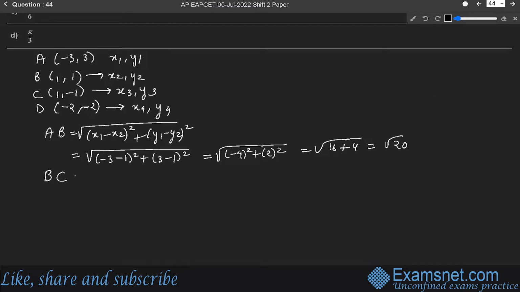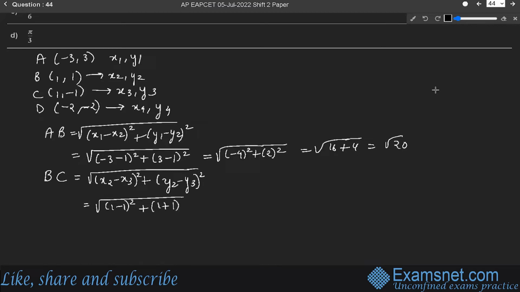Similarly, by distance formula, BC will be equal to under root of (x2 minus x3) square plus (y2 minus y3) square, which will be equal to under root of (1 minus 1) square plus (1 plus 1) square, which will be equal to under root of 0 plus 2 square, which is equal to under root of 4.